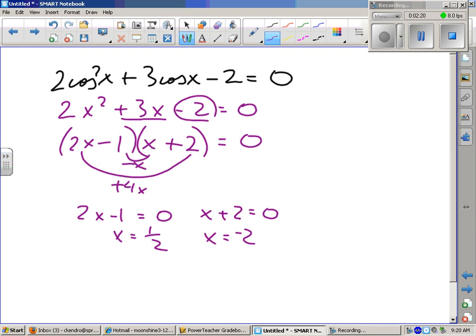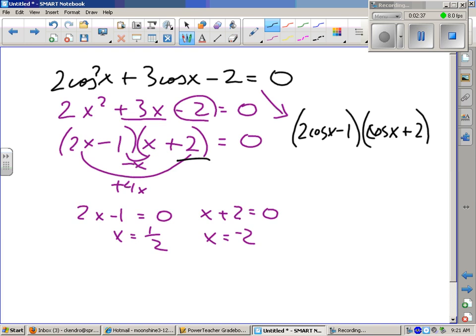But if we do the trig way, we still are going to factor. It's just going to have some cosines in it instead of x. So 2 cosine minus 1 and cosine plus 2.